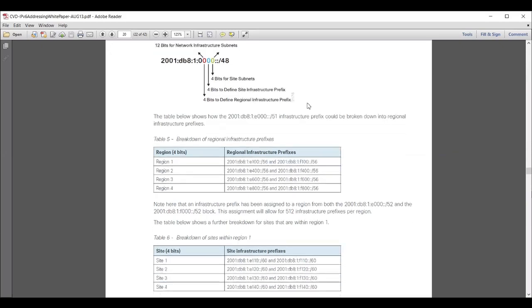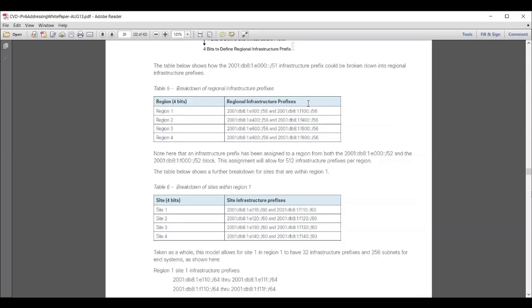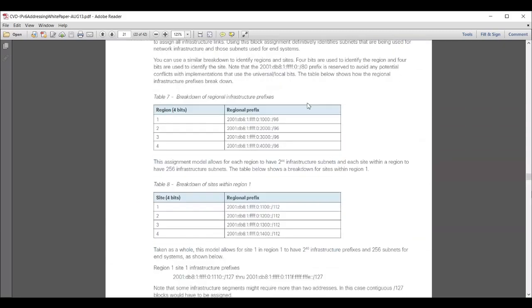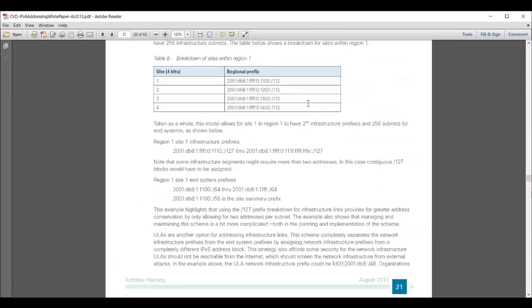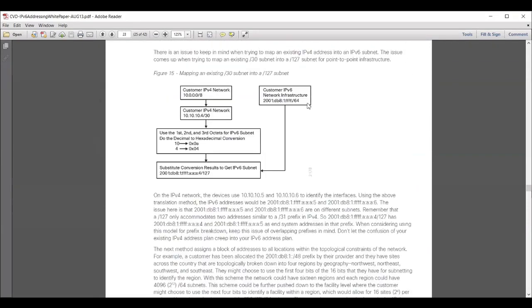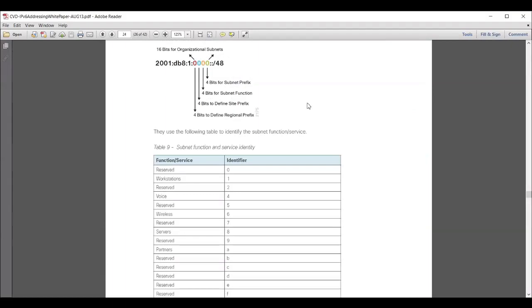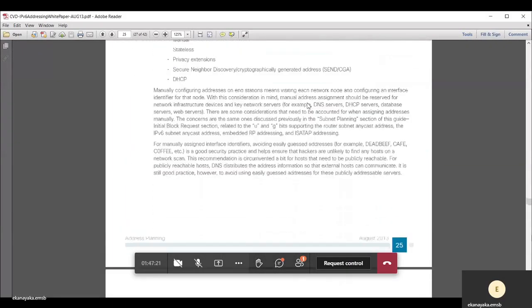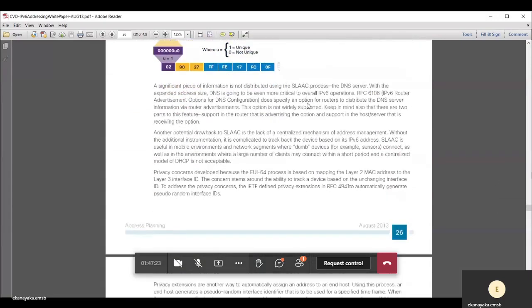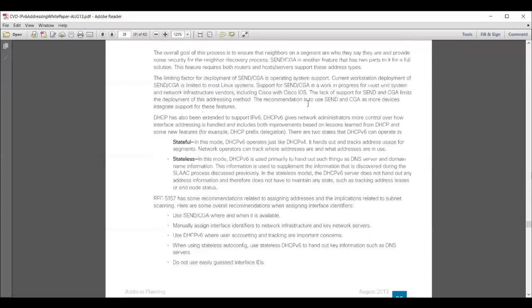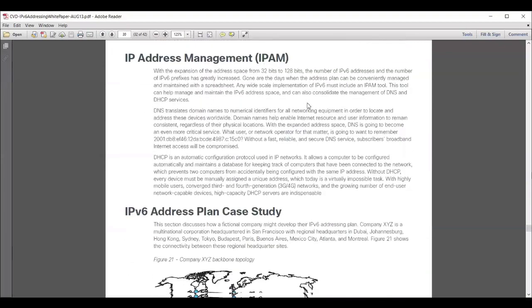So that's how they have utilized this particular IP address. I have discussed this earlier, and I want to show you the subnetting part, right? That's why I'm going very quickly.